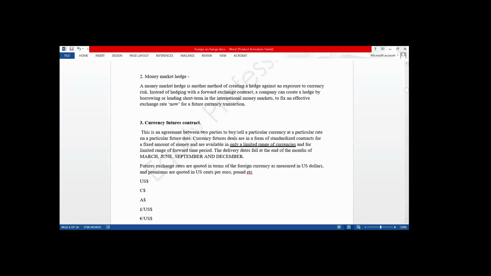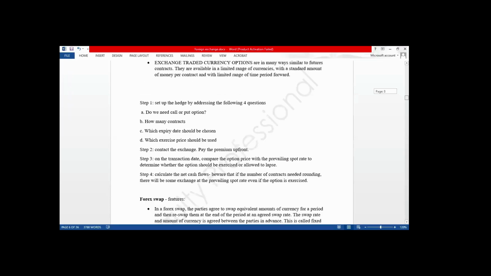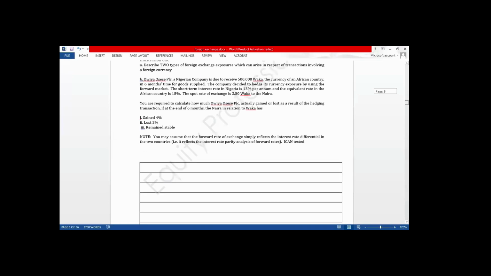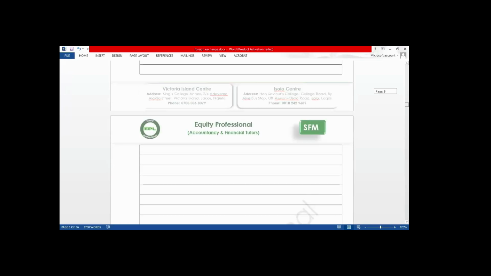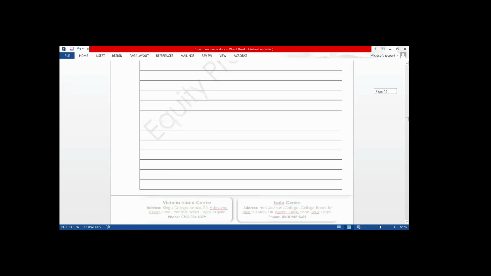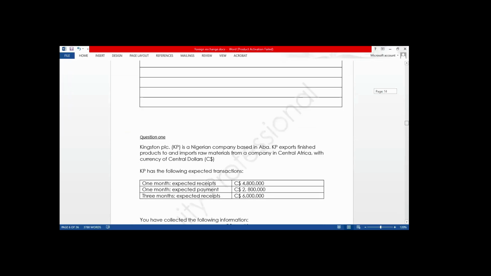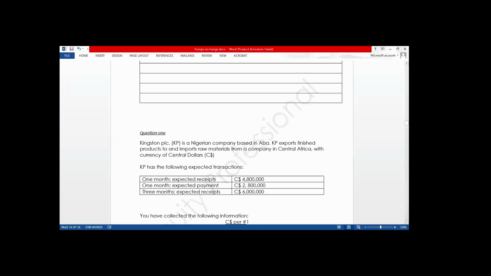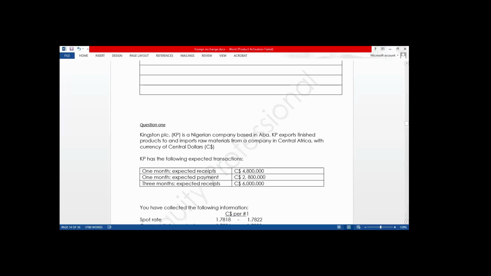So if there's no question, please go to page 183. I think illustration 6, Kingston PSC. Yeah, let's start with this question. If time permits, I want to treat 2 questions tonight.